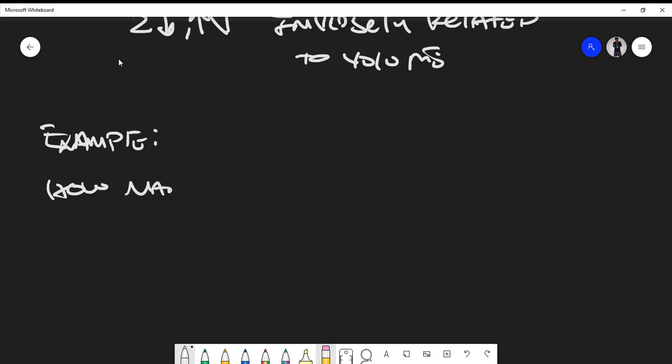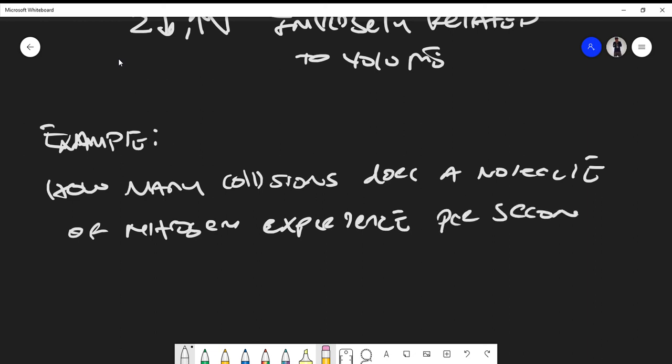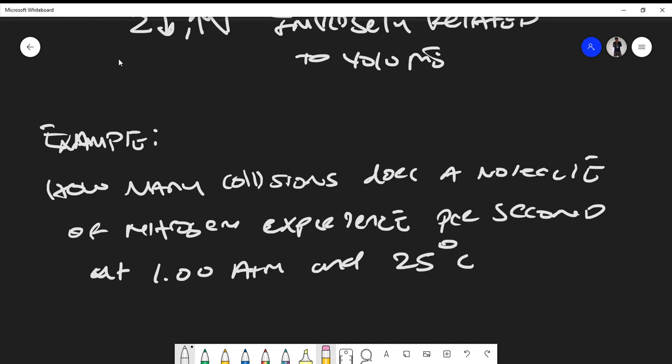How many collisions does a molecule of nitrogen experience per second at approximately 1 atmosphere and 25 degrees C?